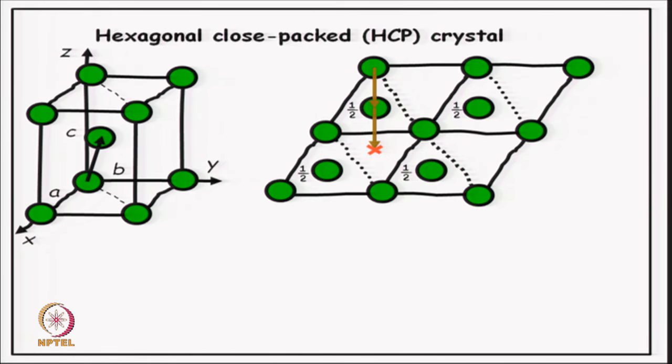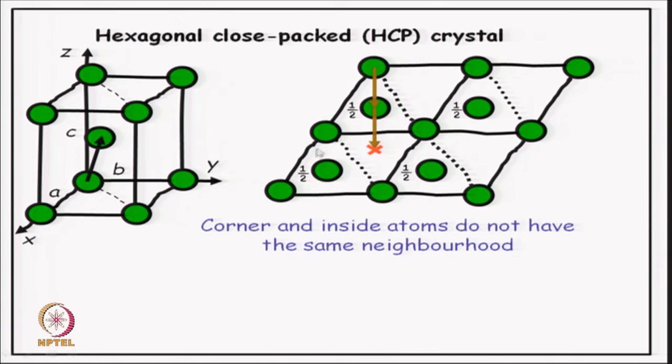So, the corner atoms and the central atom are not equivalent. The atom inside the unit cell is distinct from being lattice. So, we can select lattice points only at the corners, and the lattice is simple hexagonal.